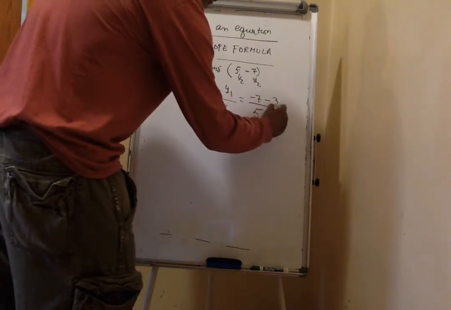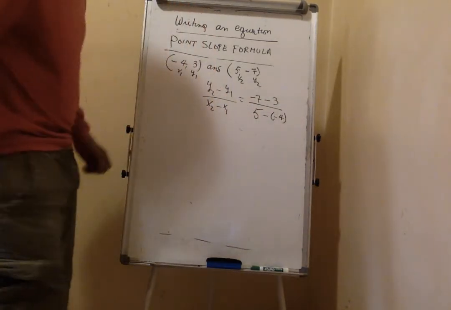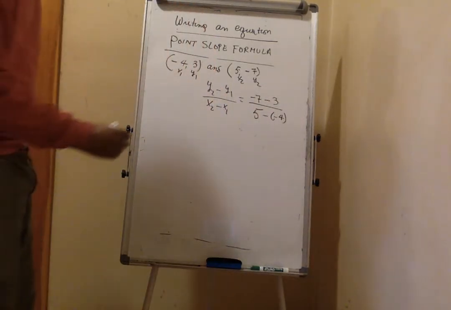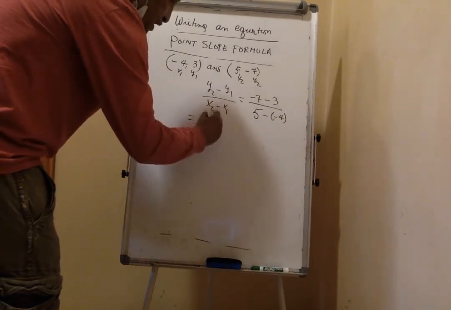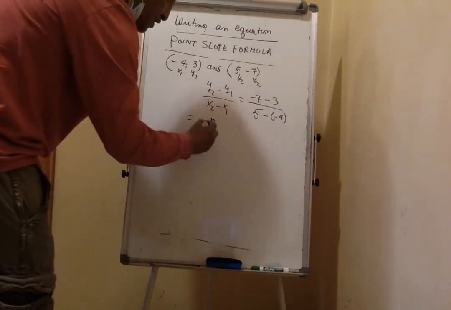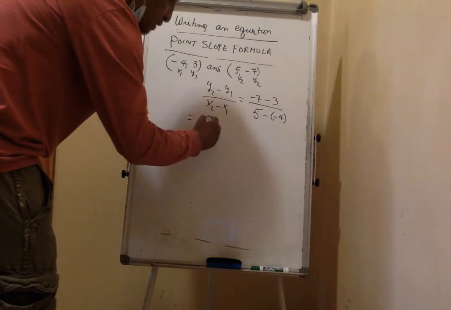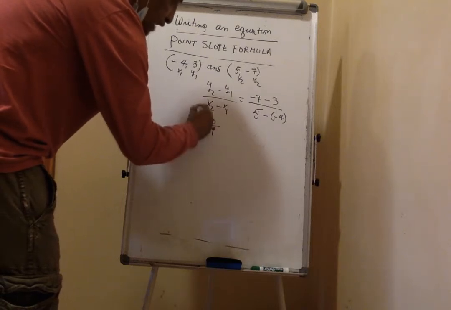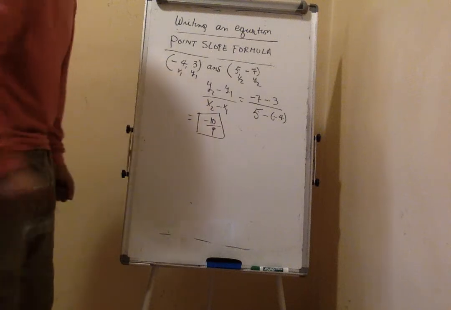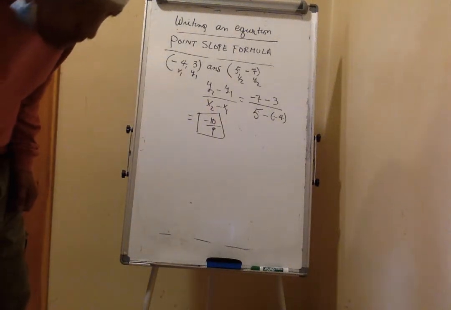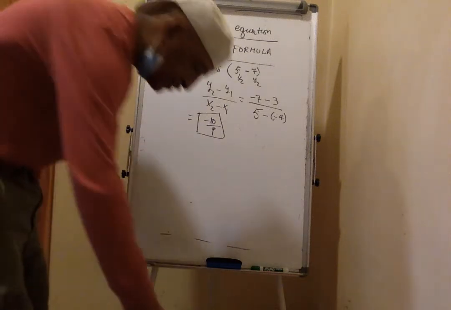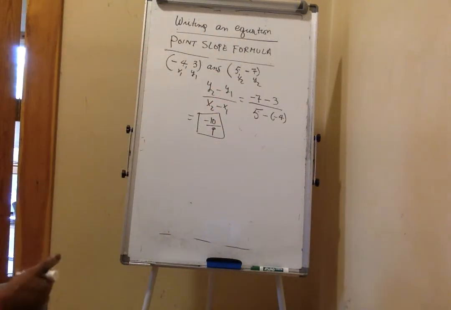Then -7 minus 3 gives us -10, and 5 minus -4 gives us 5 plus 4, which is 9. So your slope is -10 over 9. Now once you find the slope, it's easy to write the equation.